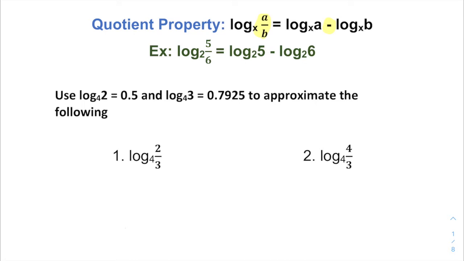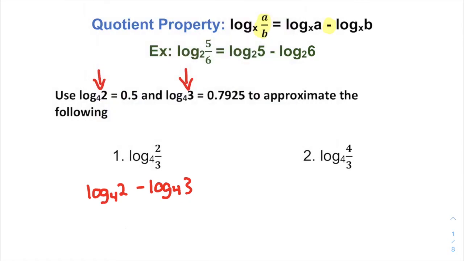As you can see, they give us log base 4 of 2 and log base 4 of 3. So problem number 1 is basically already in quotient form. We have a fraction. The quotient property says we could take log base 4 of 2 and subtract log base 4 of 3 from it.